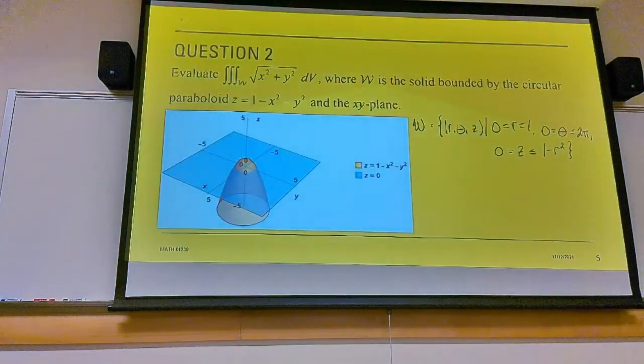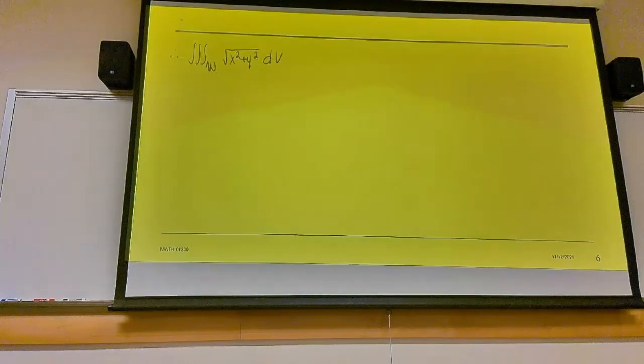What was that, right? X squared plus y squared dV. Yes. What order are we going to use? Because there's six orders you can use.